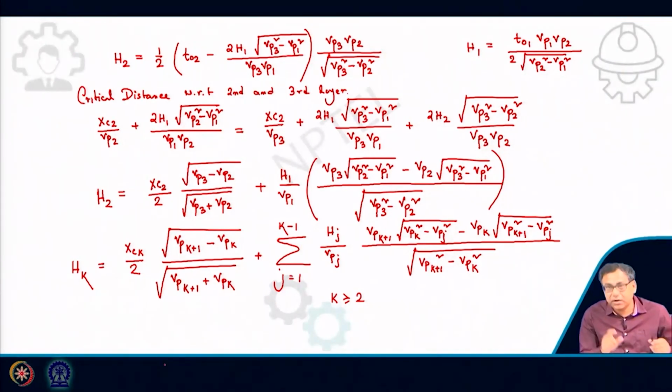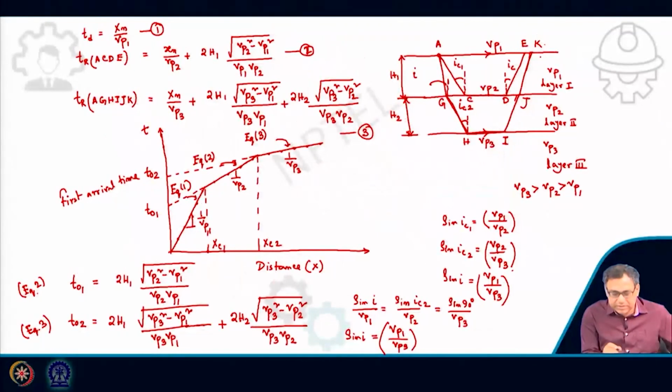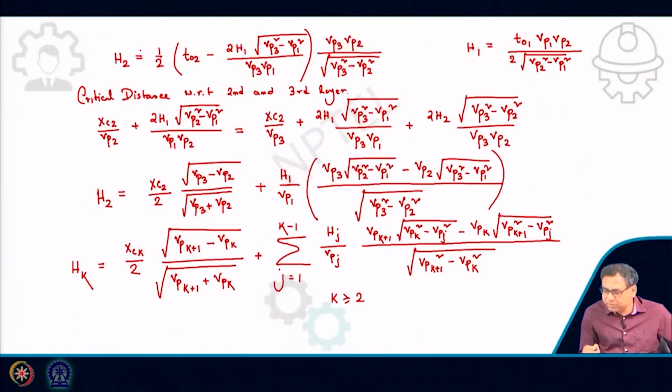For k equal to 1, you can start from the second layer onward, that means k greater than or equal to 2. So that means H2, H3, H4, H5 and so on. But for the H1 case, you have to use this equation, or you can use the critical distance concept and equate equations 1 and 2.